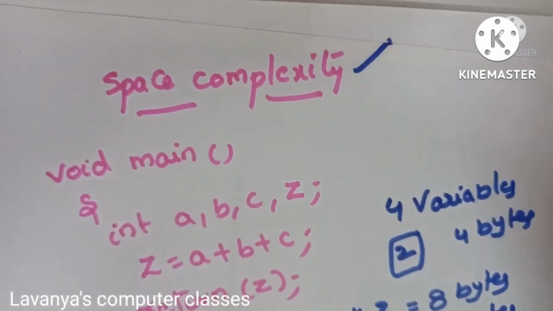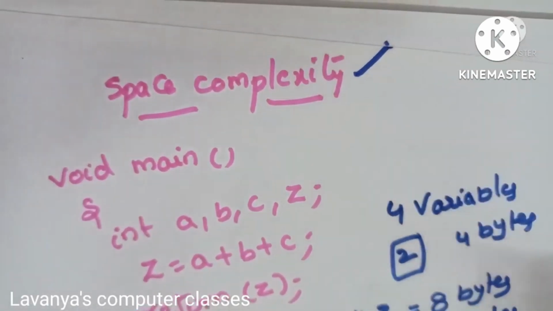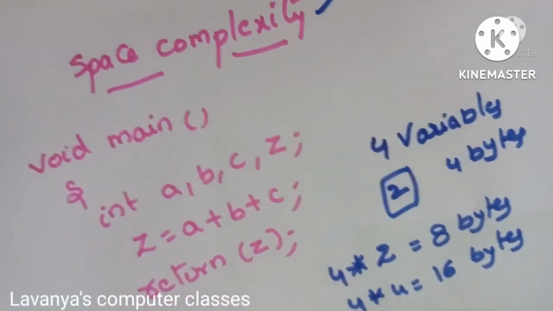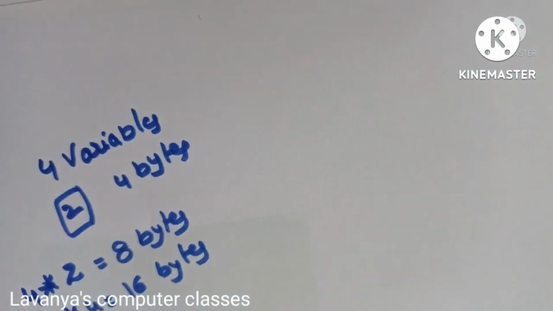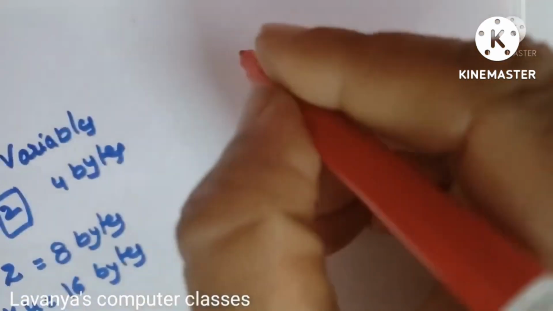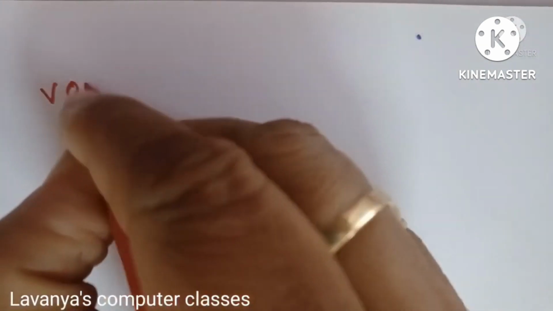Now we'll explain with one more example for space complexity. Now I am using some simple loop statements. For simple loop statements, how much space do we need?